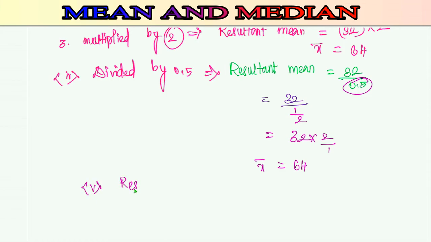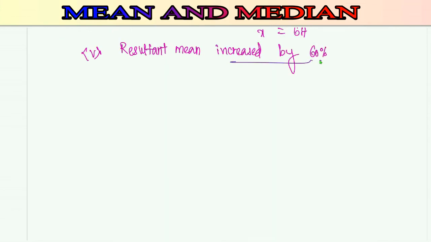Resultant mean increased by 60%. Increased by 60% means, already we have x bar is 32.